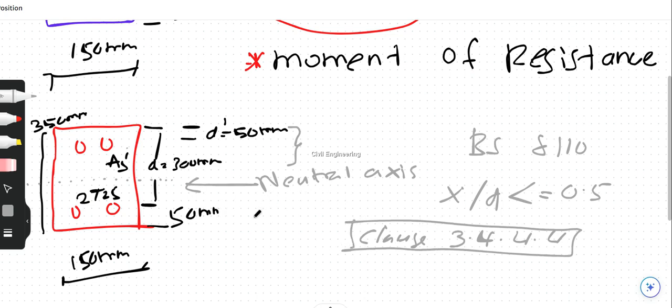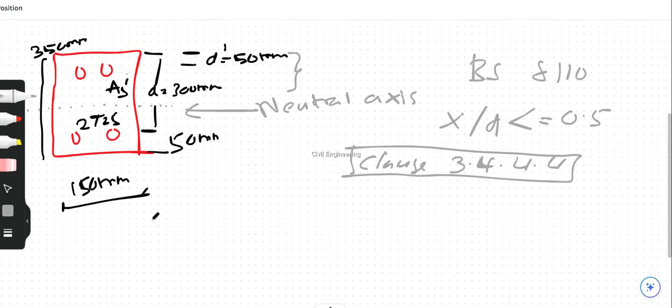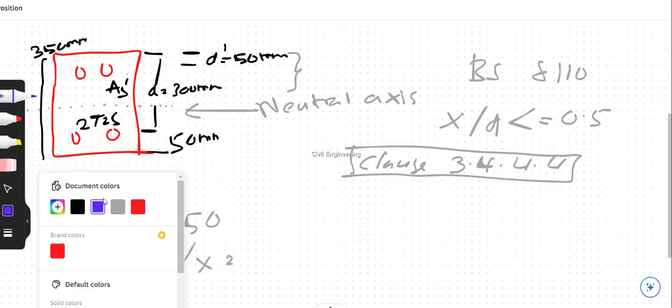Okay, let's assume that the depth of the neutral axis is equal to 150, and we have to find the area of the compression zone reinforcement. Here d dash means the effective depth for the compression zone reinforcement.